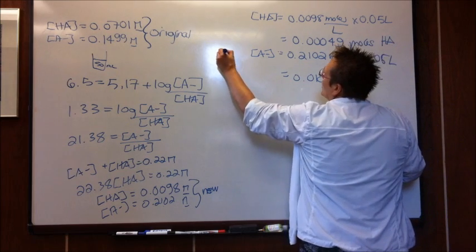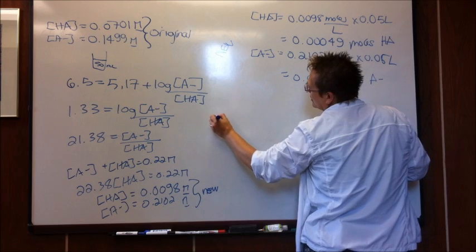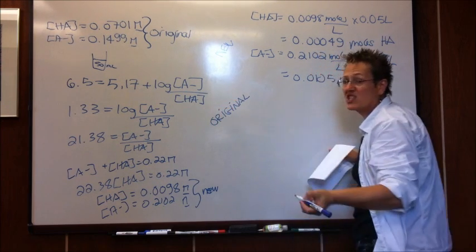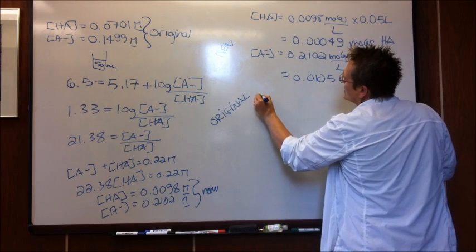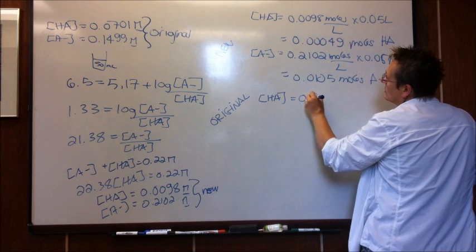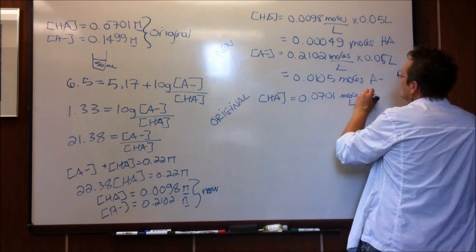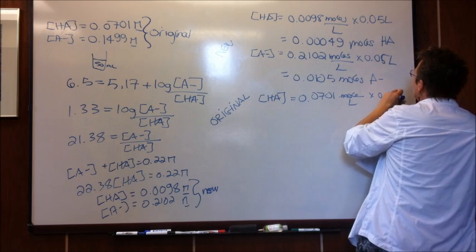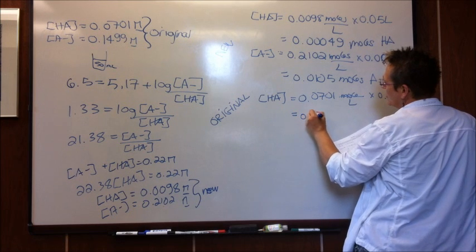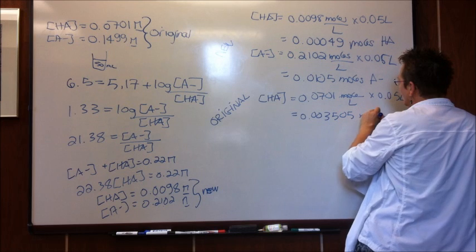That's the new. Now we use our original, what the buffer was like when we started. We had a concentration of HA from up there of 0.0701 moles per liter times 0.05 liters equaling 0.0035505 moles.